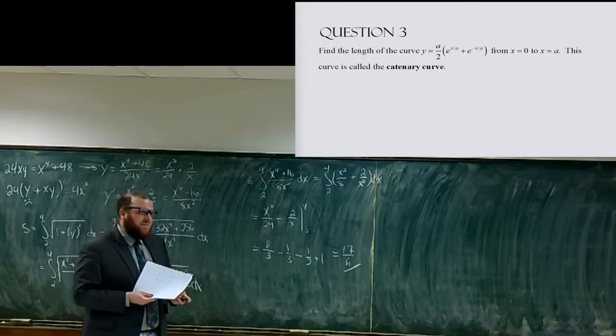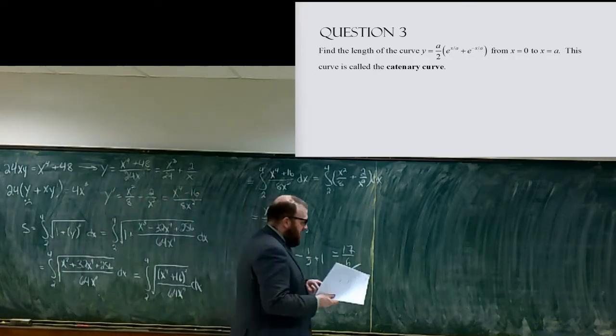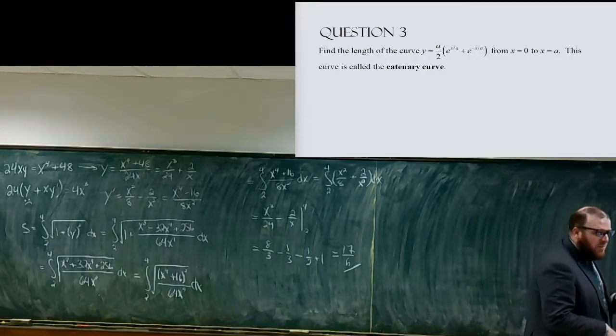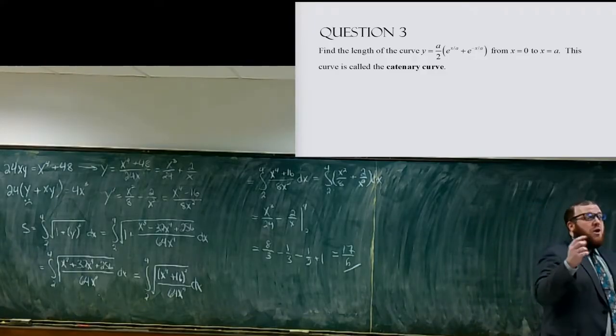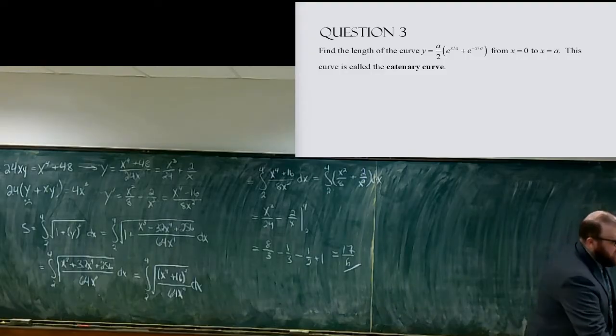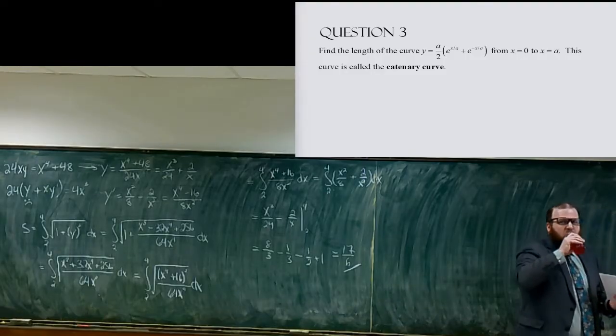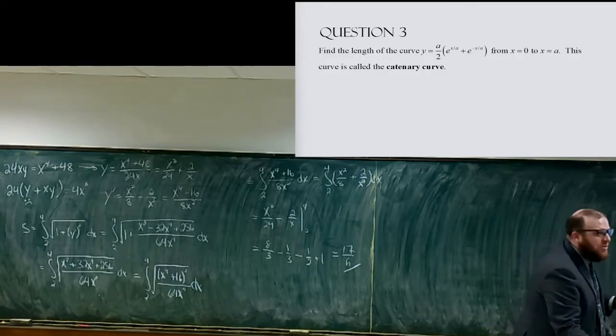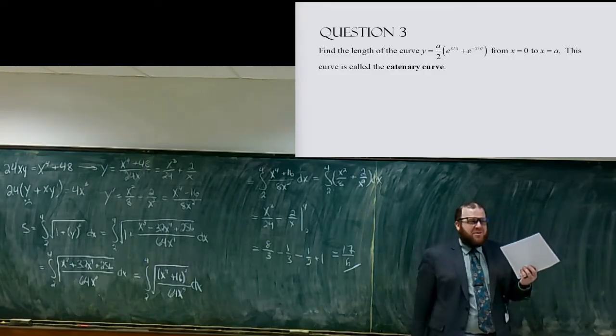So that curve is called the catenary curve. And it's a very familiar curve. I guarantee you all know it. You've all seen it. In fact, I guarantee you saw it today on the way in.